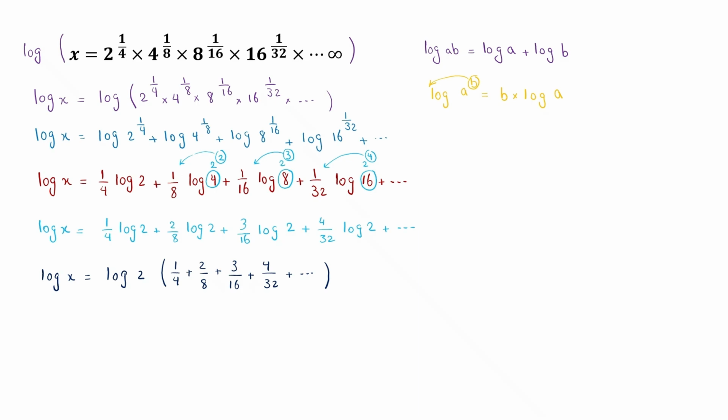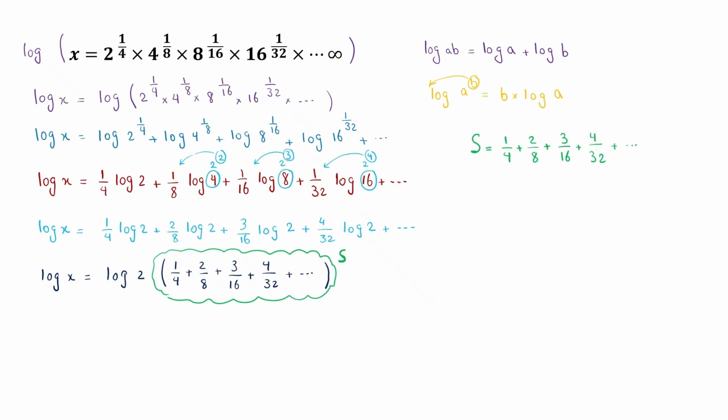For the next step, I would like to call this bracket S and find the answer for S. So let me write it here. S is equal to 1 over 4 plus 2 over 8 plus 3 over 16 plus 4 over 32, and so on to infinity.